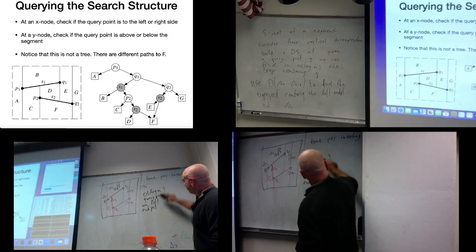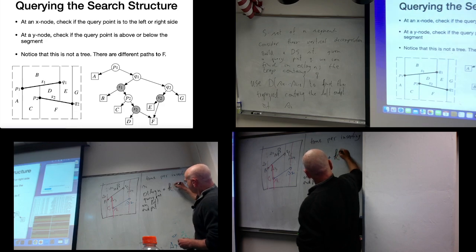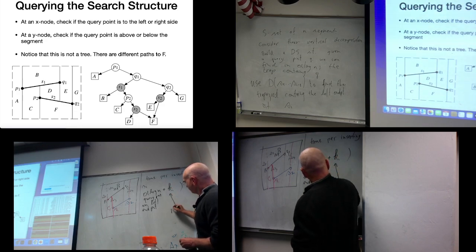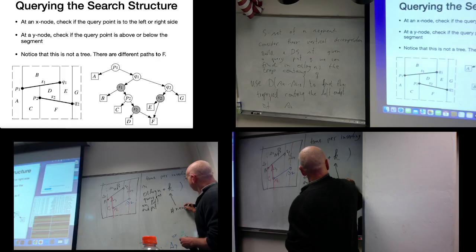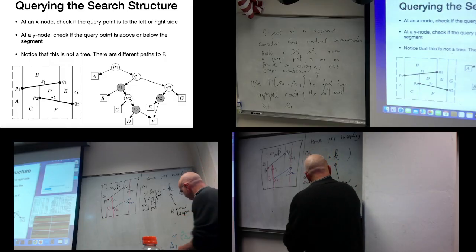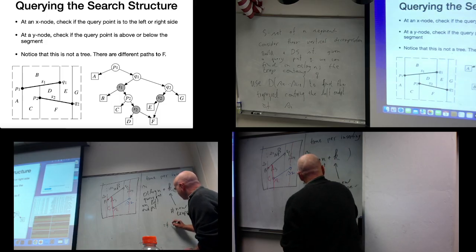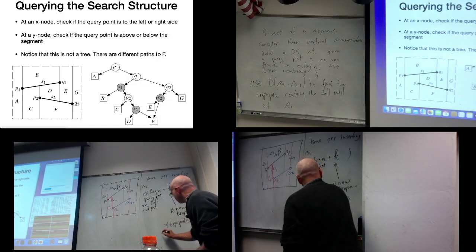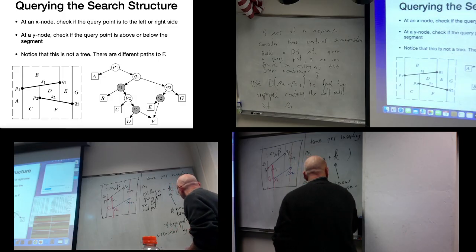It's order of log n plus ki, where ki is the number of new trapezoids, which is also equal, up to a constant, to the number of old trapezoids crossed by Si.